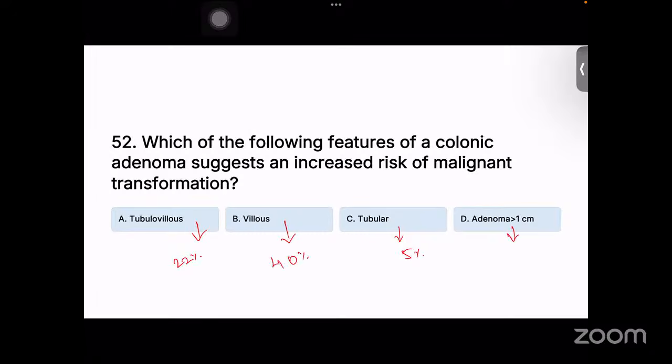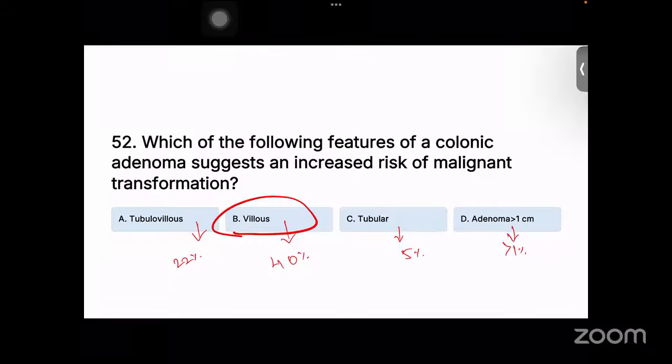Adenoma of more than 1 cm significantly increases the risk. So out of the options given here, villous will have the increased risk. Villous has the highest risk of malignant transformation.